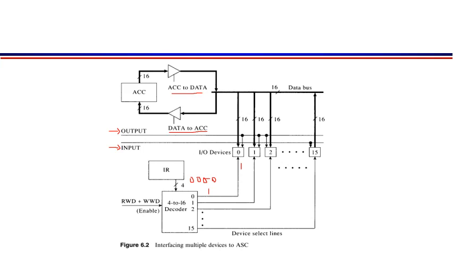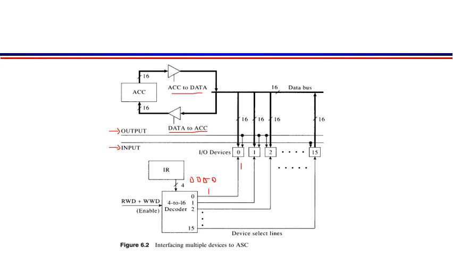Data will flow from the device to the accumulator. So in this case, from the control unit, there will be two control signals for the accumulator. One is accumulator to data, and the second one is data to accumulator.